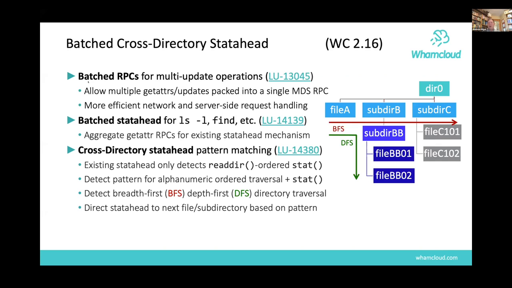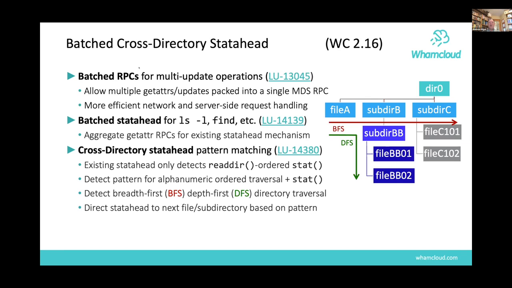Get-attr is quite easy because it doesn't change the state of the server. Right now, for ls -l or find and things like that, there is already stat ahead, but every stat sends a separate RPC to the MDS and also a separate RPC to the OSS for each file.